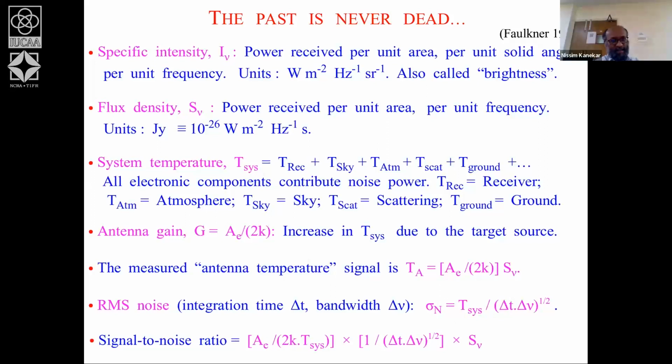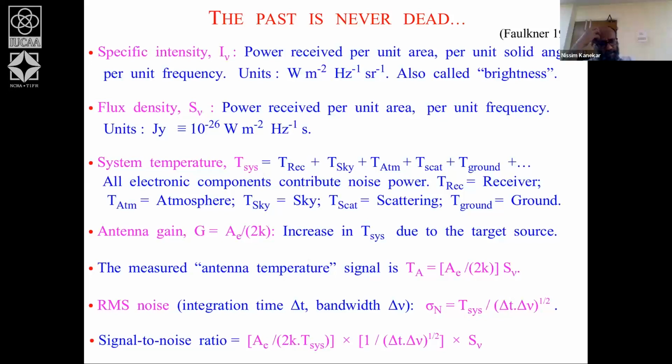Today's radio interferometers, like the GMRT or the JVLA, make images which have RMS noises of a few micro Jansky per beam. I believe the deepest image with the MeerKAT telescope has an RMS noise of less than a micro Jansky per beam, which is 1 million times fainter than 1 Jansky. So that tells you that even a 1 Jansky source is very bright in terms of our sensitivity today.